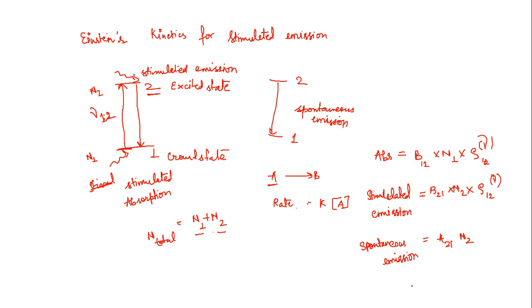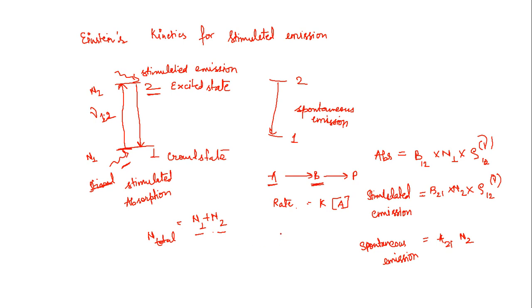We'll consider the steady state approximation. Normally, if A is going to B and B is going to P, where B can be taken as the intermediate, the rate of formation is equal to the rate of depletion. In this entire case of absorption and emission, only the absorption is working from N1 to N2; the other two are the reverse processes of that.